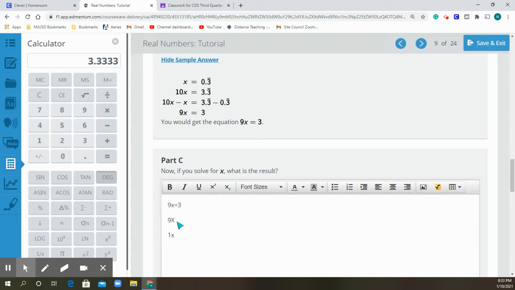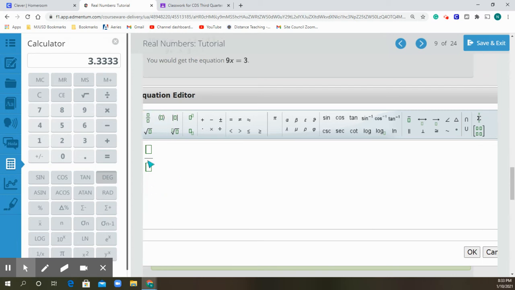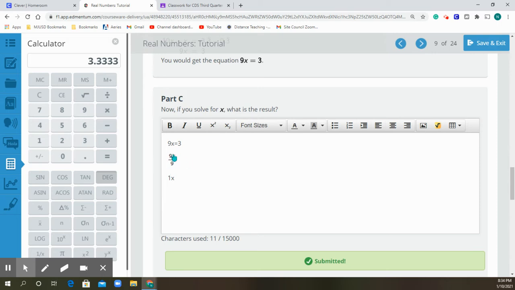It's actually easier if you see this as the big division, the fraction. So 9x divided by 9 equals 1x, and 3 divided by 9 is the other side.